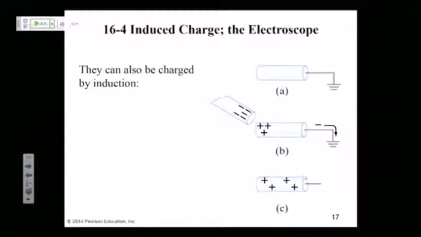This symbol, we call it ground. It represents earth. Earth, from the electric point of view, is just like an ocean. It has an infinite amount of charges, and luckily the positive charges are equal to the negative charges, and because of that it's neutral and we can work easily on it.